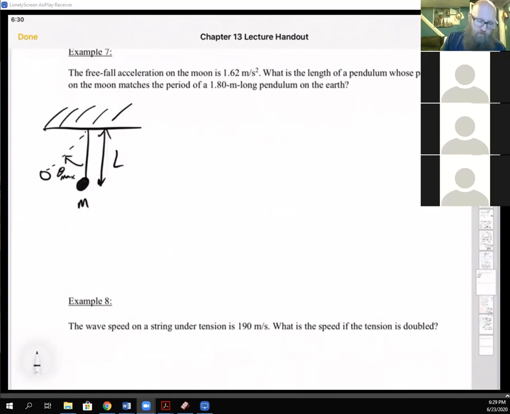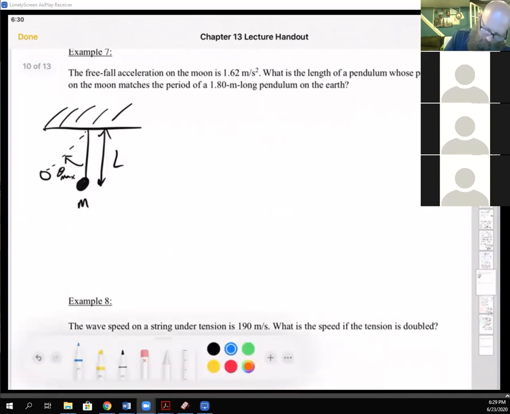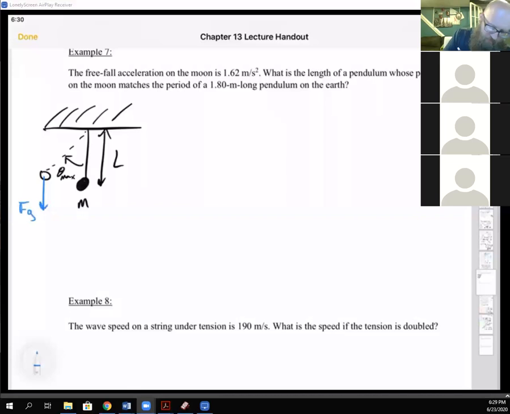So what you can do with this is you can say, well, what kind of torque is created by the gravitational force on this? Well, it depends on theta. So there's some torque, which is basically our restoring force.